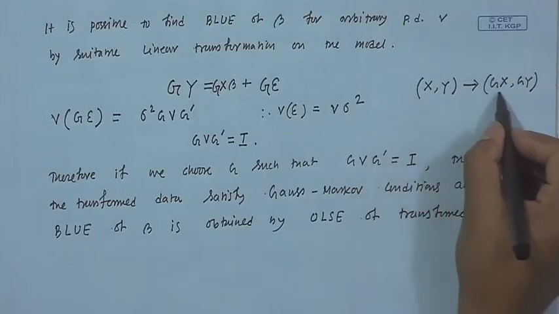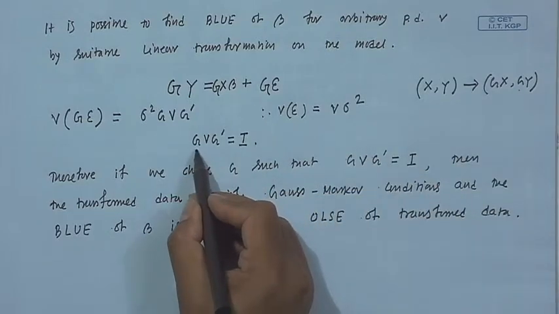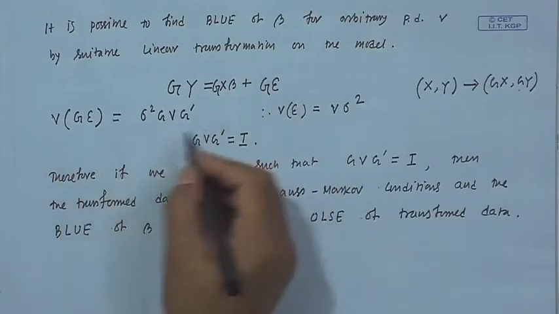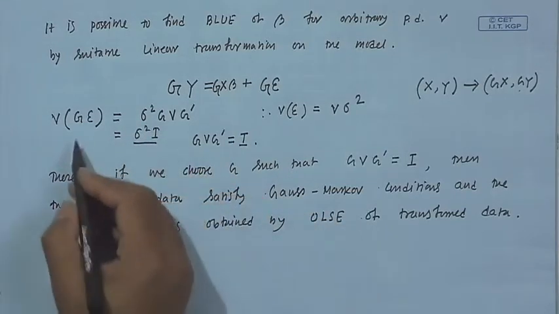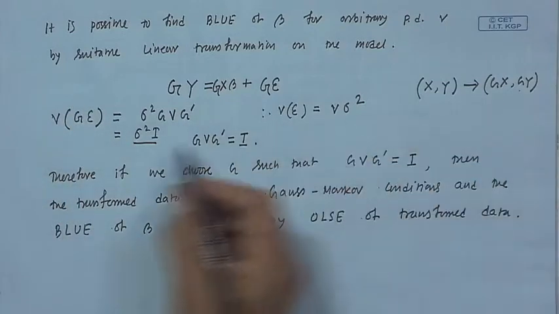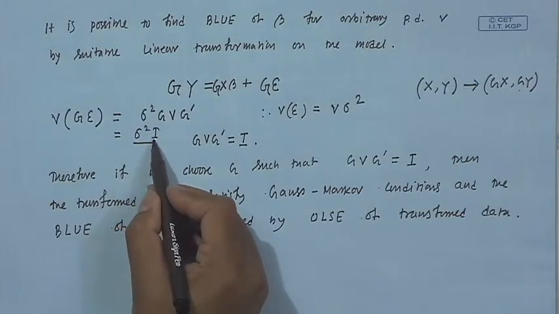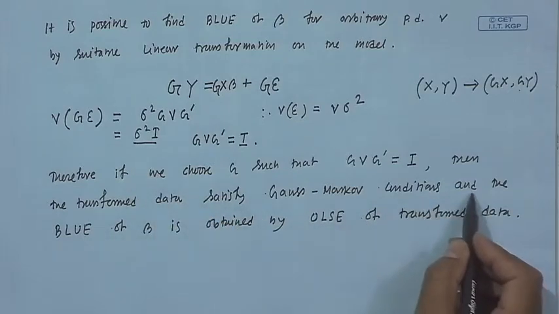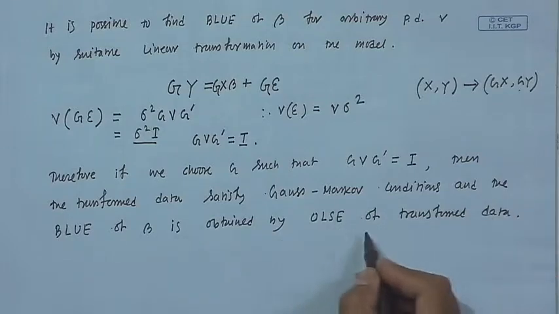So, we transform the data to G X and G Y, and we have to choose this G in such a way that the transformed error has variance sigma square I. Once we have the transform, since the transformed error has variance sigma square I, it satisfies the conditions of the Gauss Markov theorem, and that is why the BLUE of beta can be obtained by the ordinary least square estimator of transformed data.